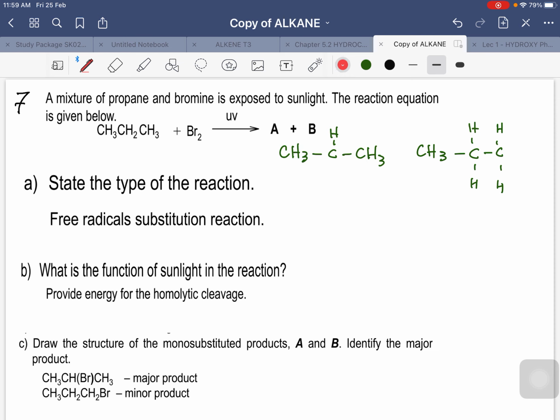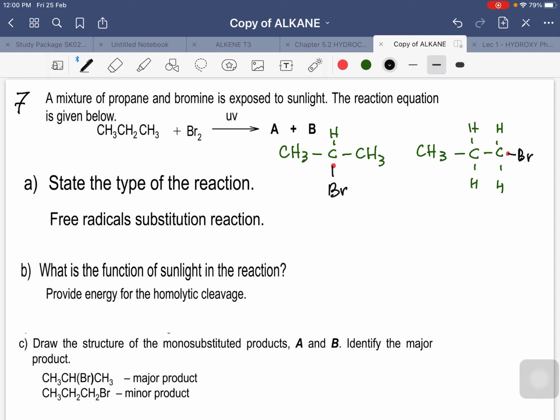If the bromine is attached at carbon number 2, that means the bromine is bonded to the secondary free radical of the alkane. Another one is the primary free radical. If bromine attaches here, we form bromine at carbon number 2. If bromine goes to the primary free radical, then bromine is at carbon number 1.